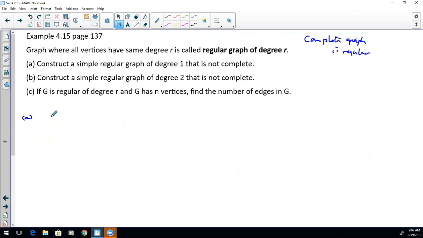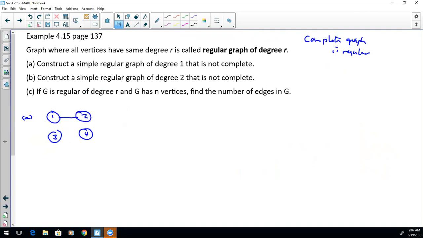These are really pretty simple. You might have a little problem if you insist on your graphs being all connected up. Degree 1 just means that every vertex has to have an arc going from it.